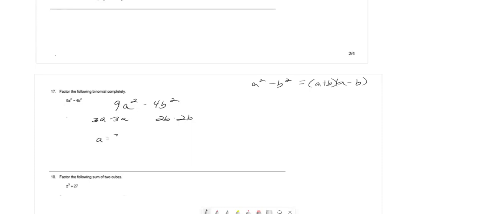So we say that our a is 3a and our b is 2b. So 9a squared minus 4b squared equals 3a plus 2b times 3a minus 2b.